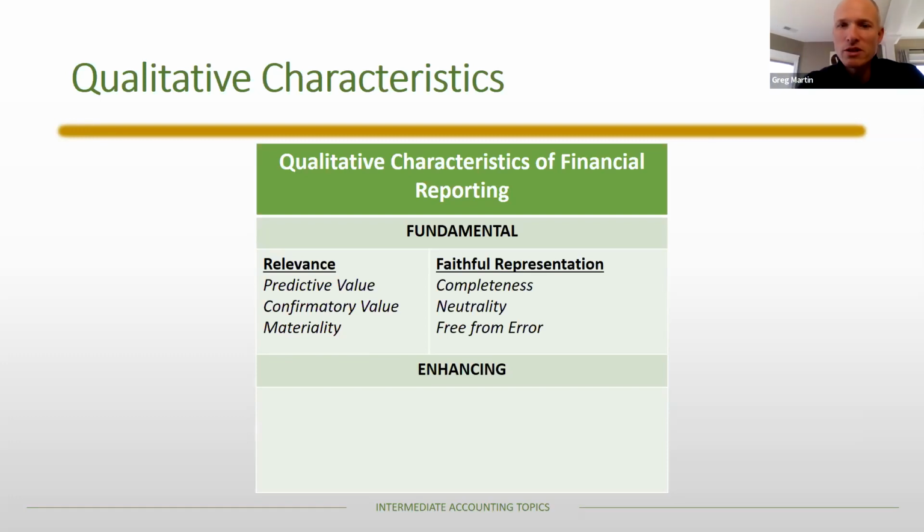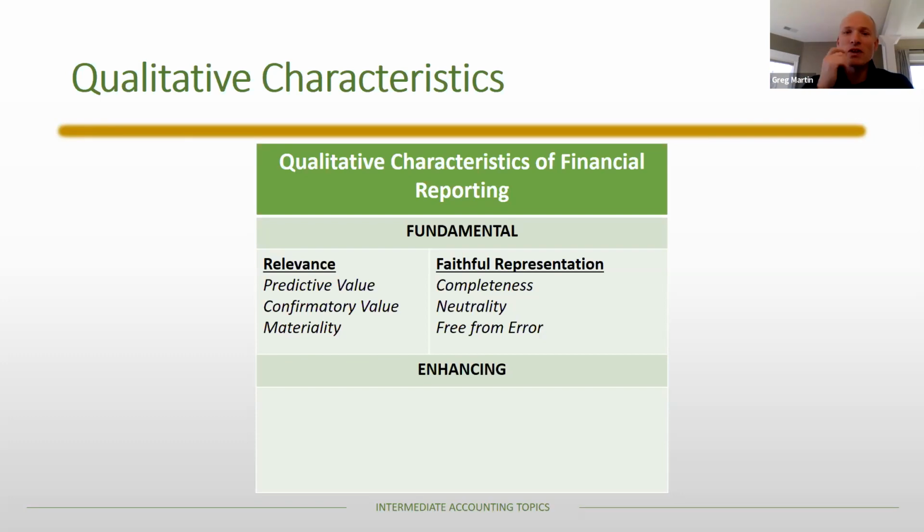There are three components to this as well: completeness, neutrality, and free from error. Completeness means that the information is whole, that it's not missing. We're not selectively providing some information, but not other information. Sort of like whenever I ask my kids a question that they don't want to answer, they'll give me a partial answer to avoid getting in trouble.